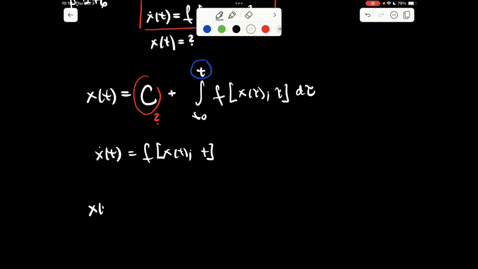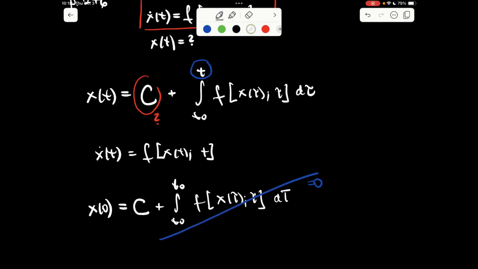So in time 0, no mistake, this is what I want to, sorry, then this is 0.